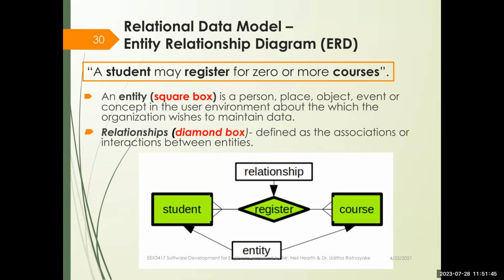We take only the nouns from this sentence: student and courses. Register is the action, the verb. Then we convert student and courses into entities, and register into the relationship. That is the thing.